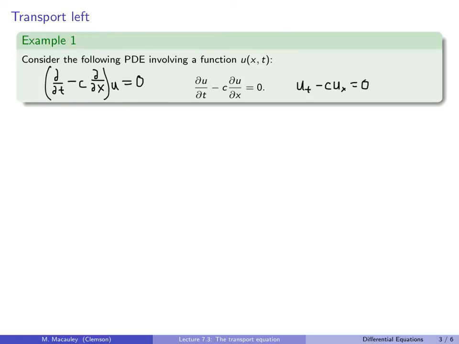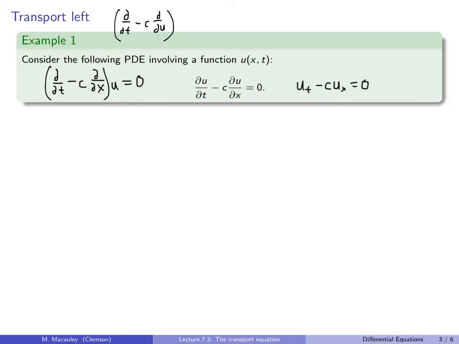So what is this thing here? This is a differential operator. And you can add these things together, you can subtract them, you can multiply by constants. This thing attached to a function u, I'm going to write it up here, so d/dt minus c d/dx.